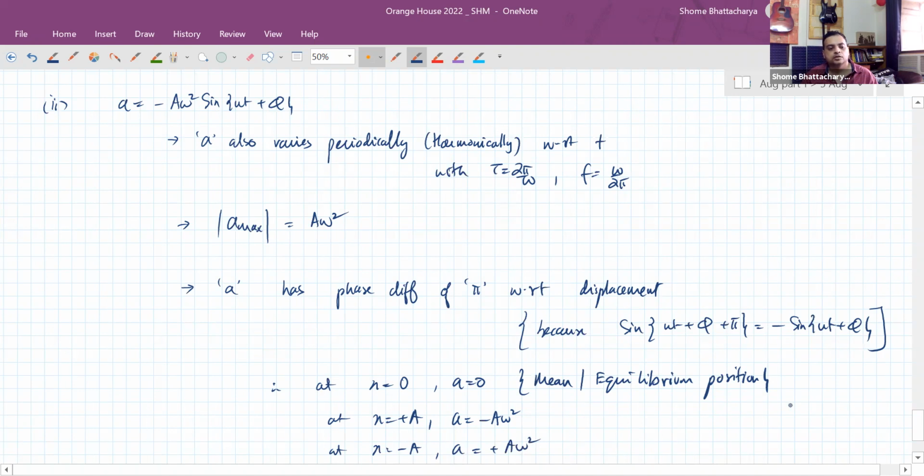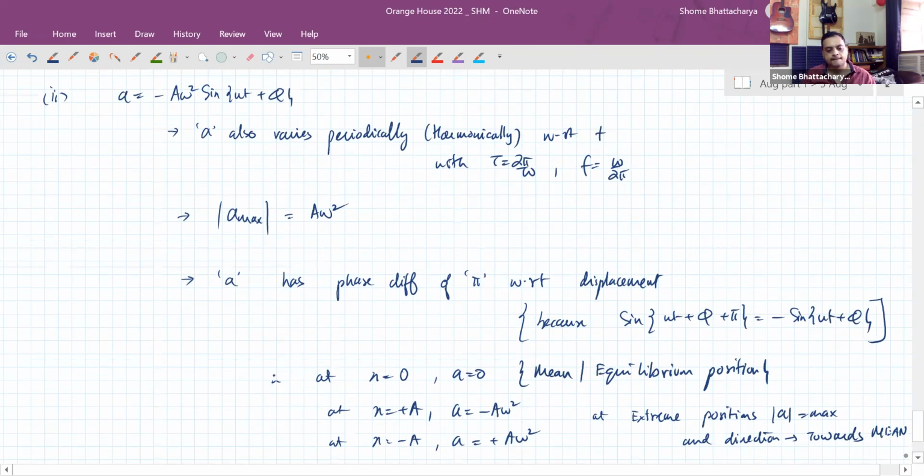So at the extreme position, the magnitude of acceleration is maximum and its direction is towards the mean position, that is towards x equal to 0.